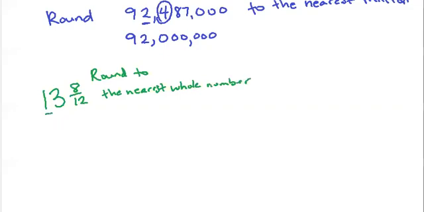I'm going to underline the 3 on my 13, and then I'm going to be circling my fraction. Does this fraction make the 13 go up 1 or does it make it stay at 13? Is this fraction 1/2 or bigger, or is it not? We have to decide what it's closer to.